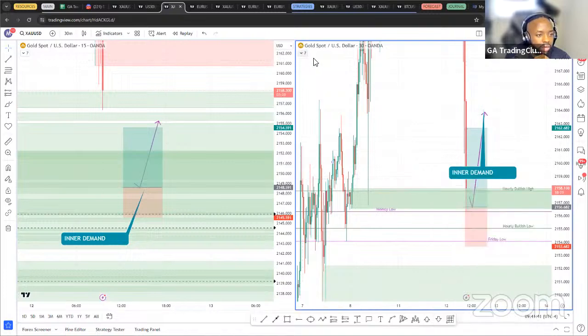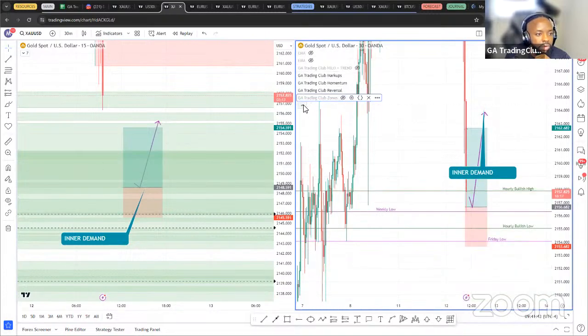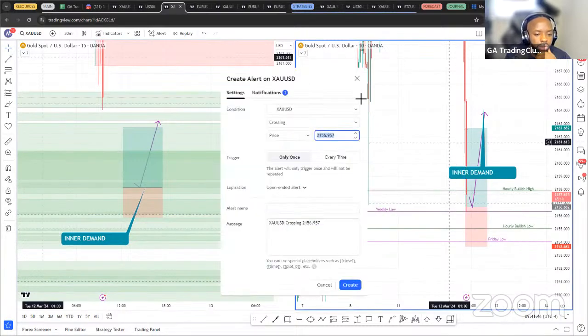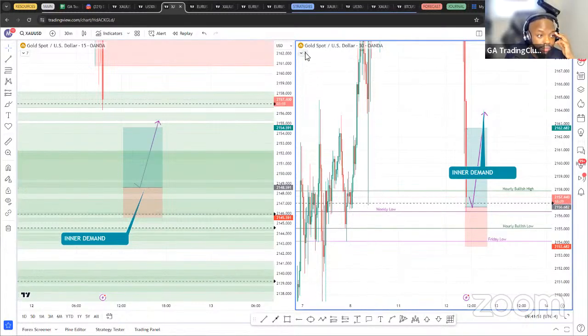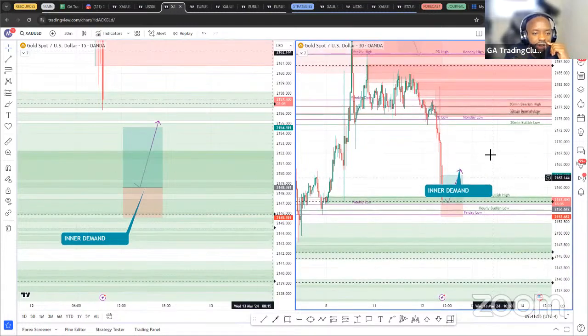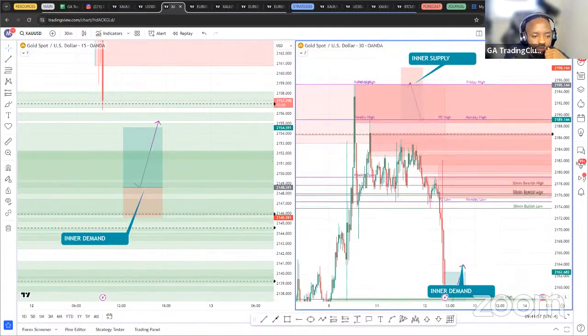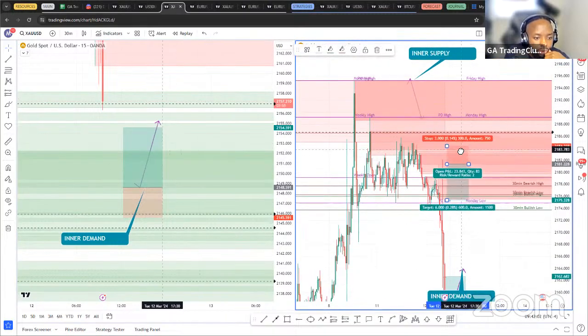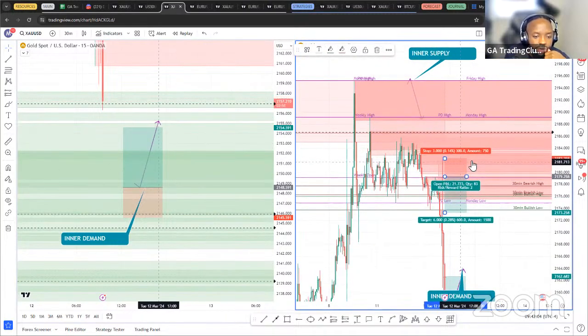So I'll set an alert here for gold. It's 2156. So selling area for gold would be all the way up here. Not sure if gold is going to come back all the way here, but let's just do, it would be at 2179.